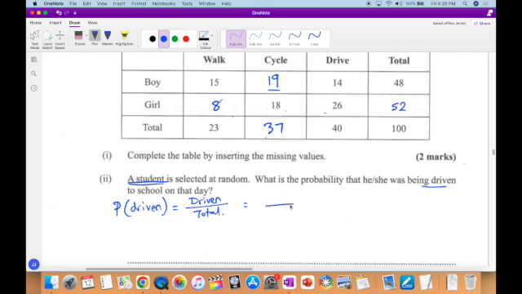So that'll be the total number of students, and the number of people driven would be this 14 plus 26, which is 40, right? So 40 over 100, 4 divided by 10 is 0.4.